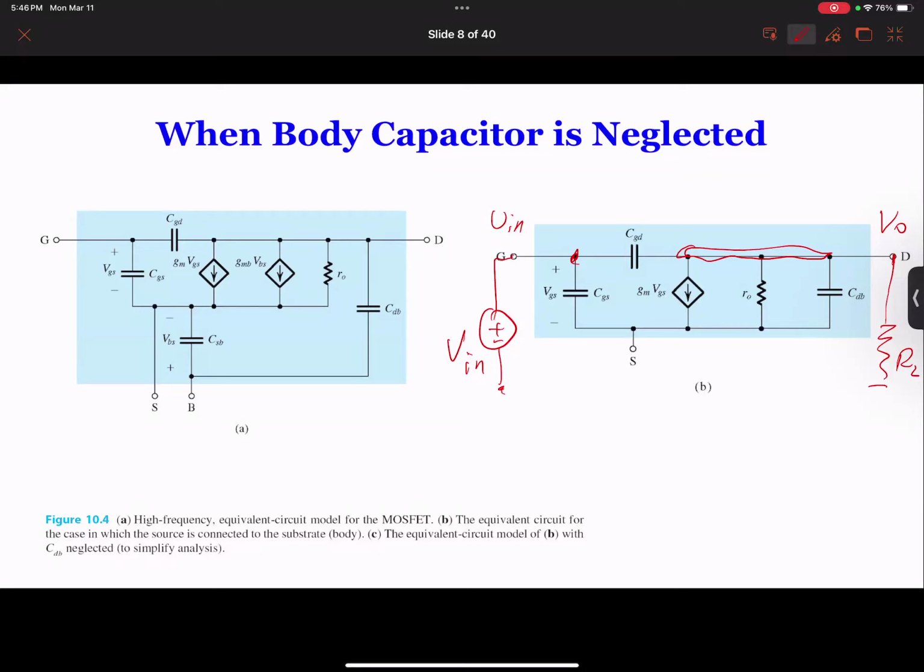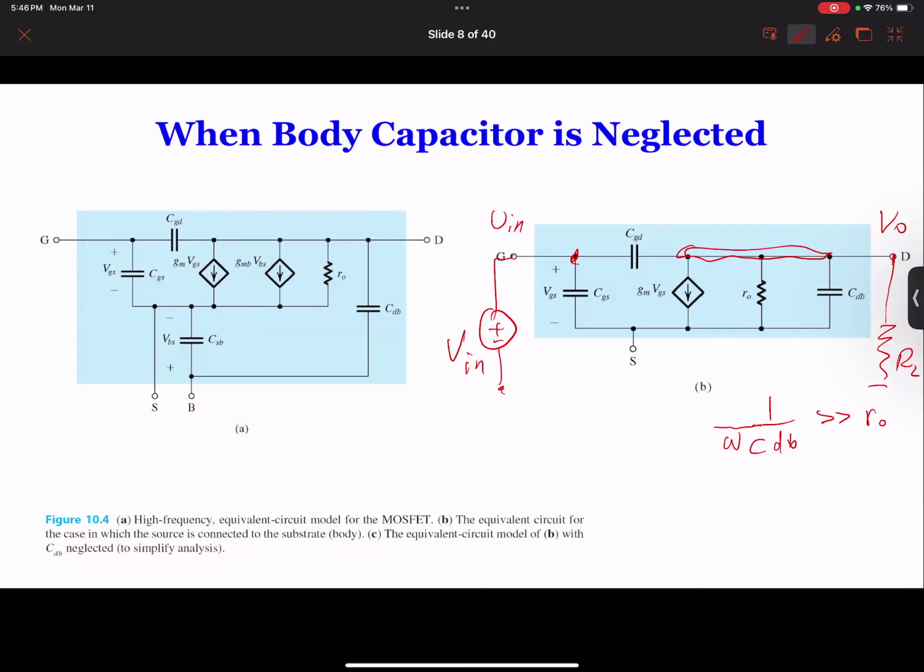So to do that, the first step is that Cdb, drain to body, is very small. Again, why we said it very small? Because this comparison to RO is fairly small. So what it means is that 1 over Cdb times omega is much, much bigger than RO.